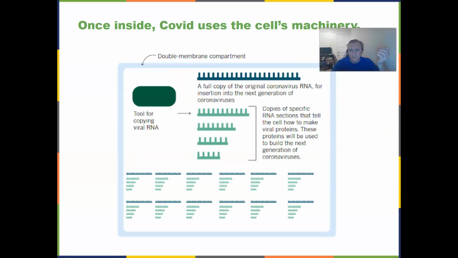So once it gets inside, it brings its own RNA polymerase with it, but it's going to use the cell's machinery to make copies of its genetic material. Okay? So copies of specific RNA sections that tell the cell how to make more viral proteins. These proteins are going to be used to build the next generation of coronavirus.